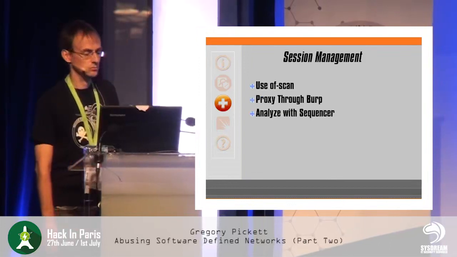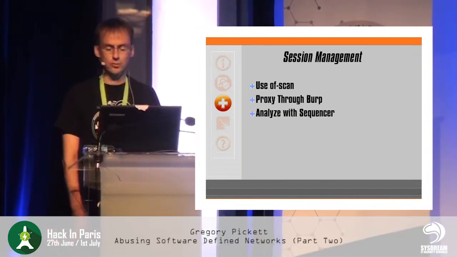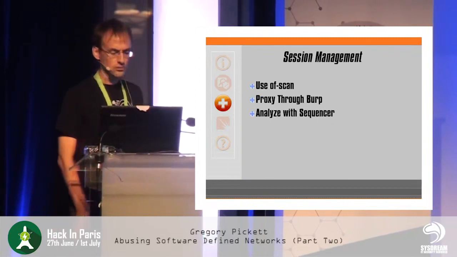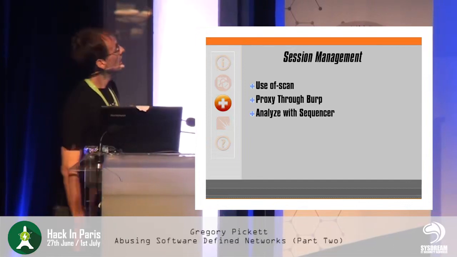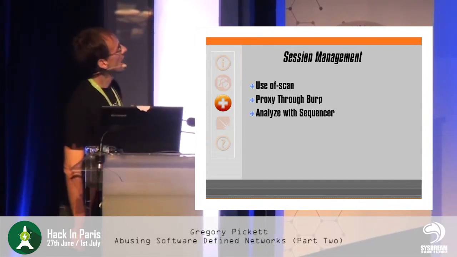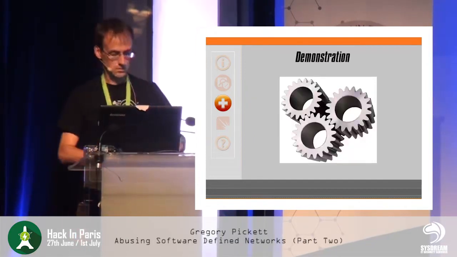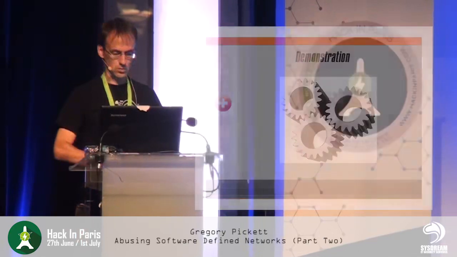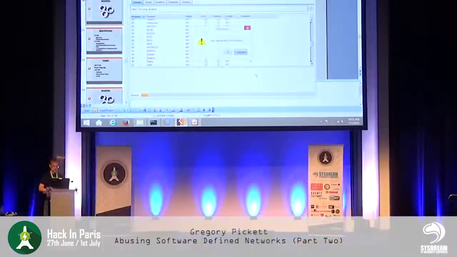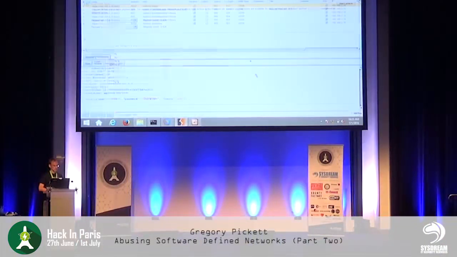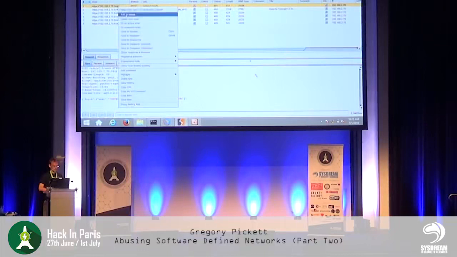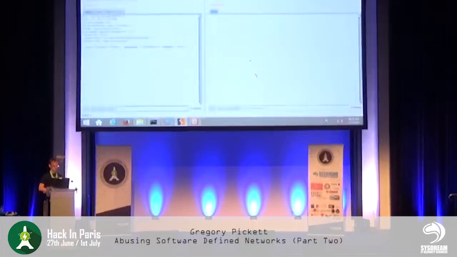Okay. Session management, OFScan again. Right? You're proxying through Burp. Once you have the analyzer, the Sequencer there, you can go ahead and grab all those tokens and put them into Burp to analyze. And go ahead and close that window there. And of course, we're going to send this over to Repeater. Pull that out, of course.